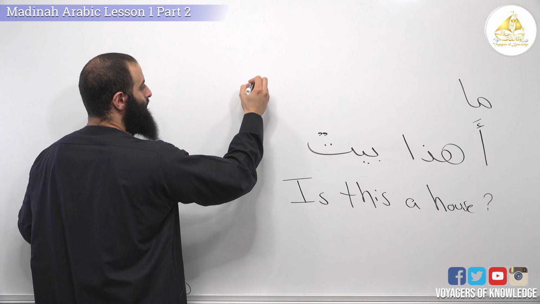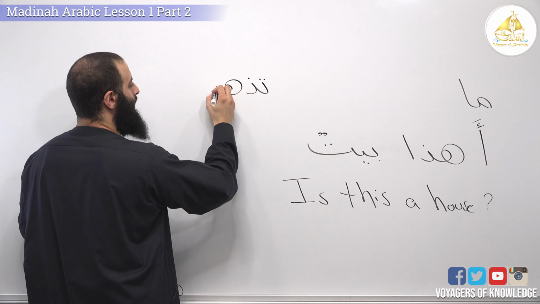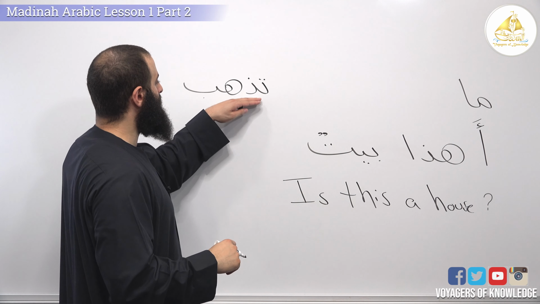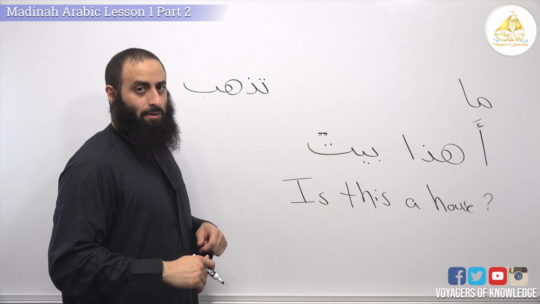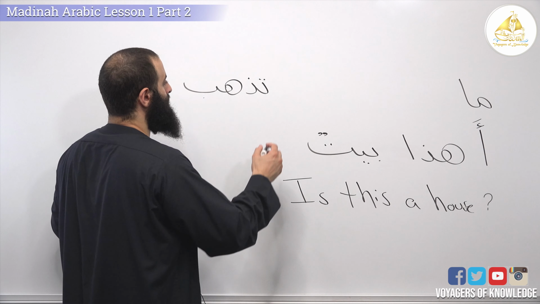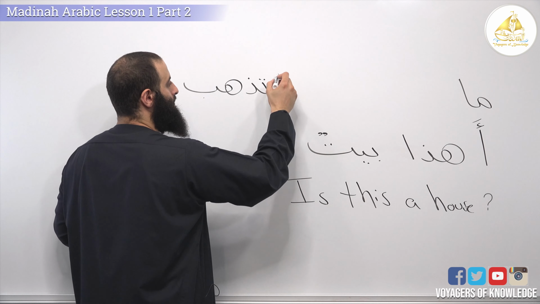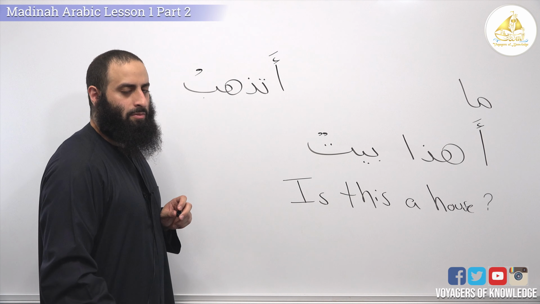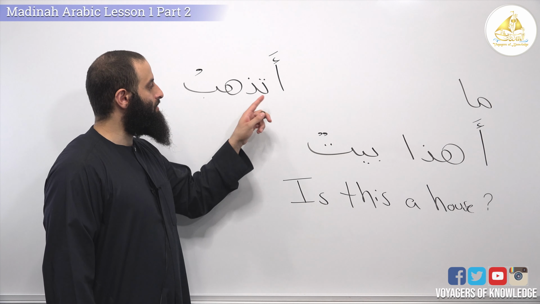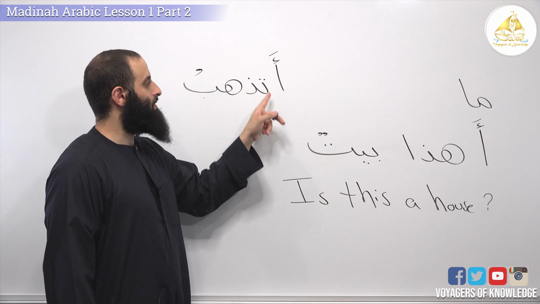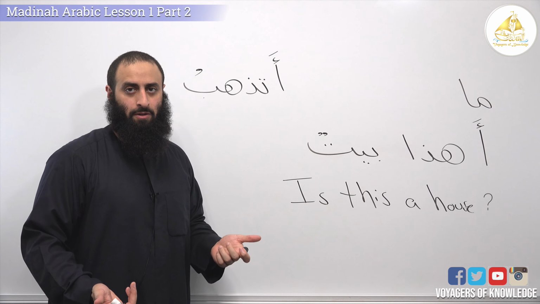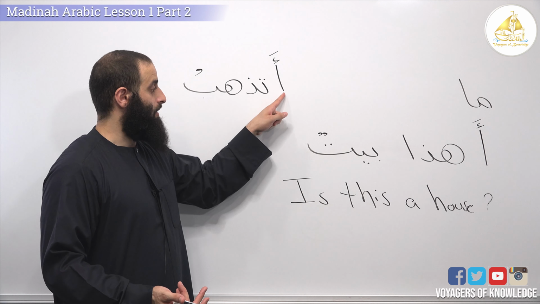So here's the Arabic word for tadhab, and we're far away from learning present tense verbs. But this means you are going, right? That Hamza will come. Atadhabu. All that concerns us is the usage of this, right? Atadhabu. Are you going? See how it changed from is, now it's are you going?